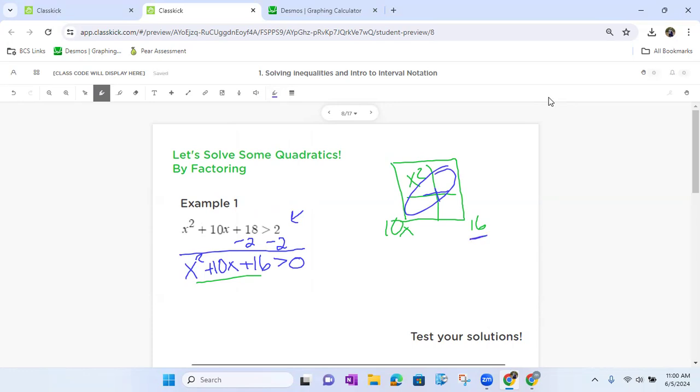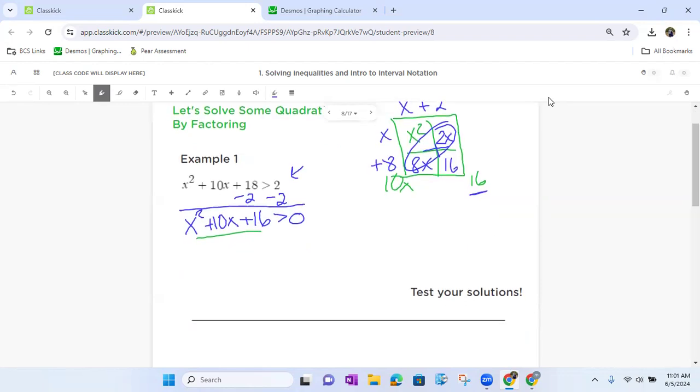So two numbers that add to 10 and multiply to 16 would be 2x and 8x. So 2 plus 8 is 10, 2 times 8 is 16. So we would have x plus 2 and x plus 8, if you like that area model.